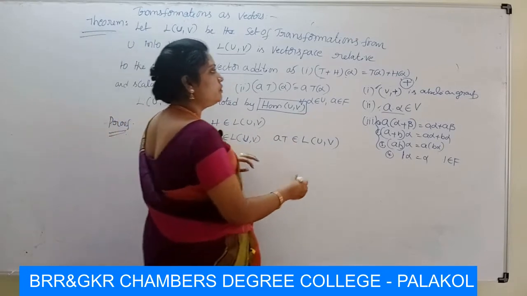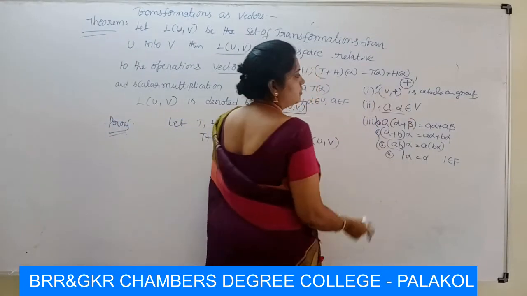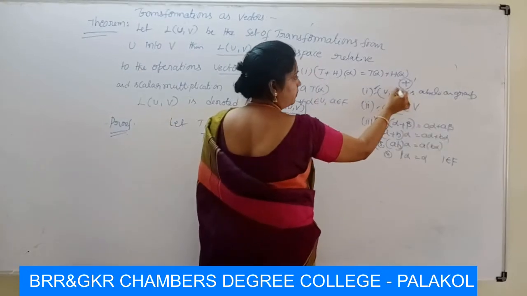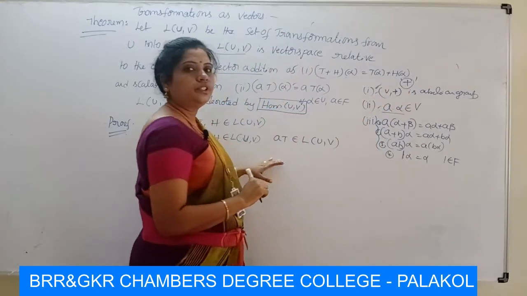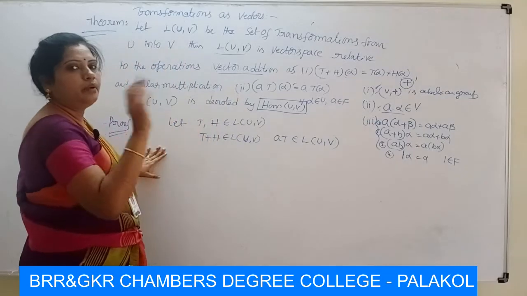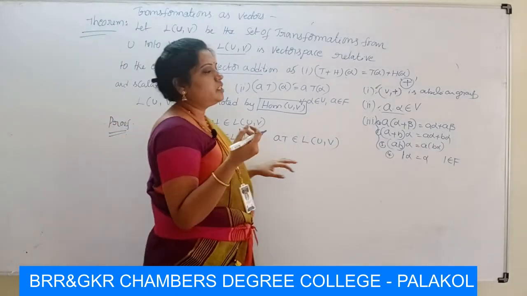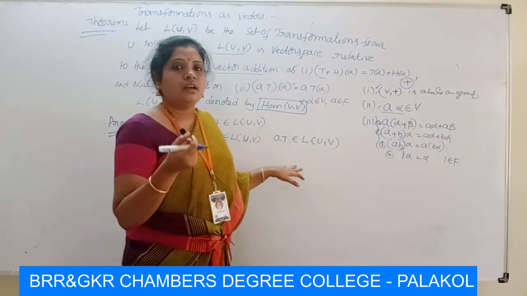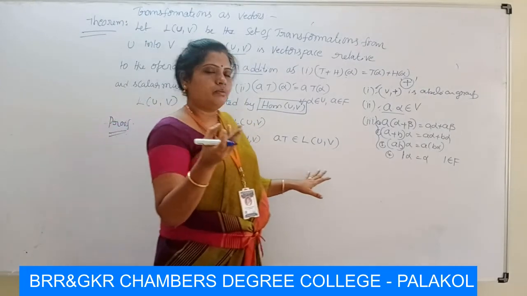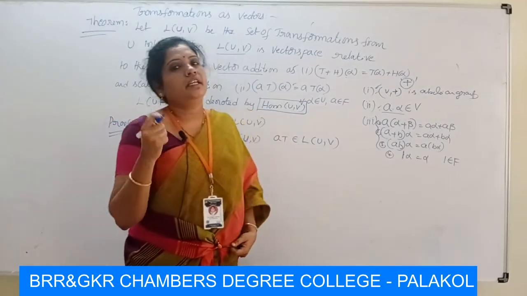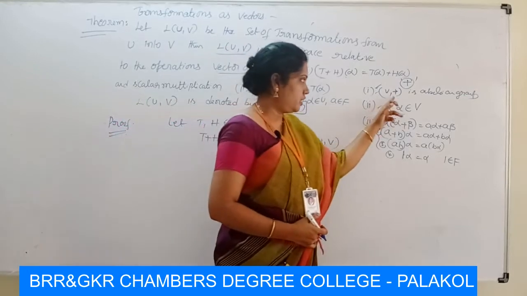So we have to prove first the conditions for which, with respect to internal composition, L of UV is an abelian group. So what is an abelian group? Yes. So first property is commutative law, associative law, identity and inverse with respect to the addition.